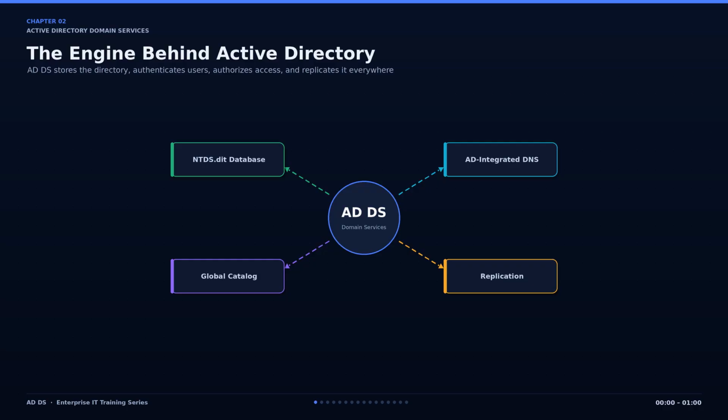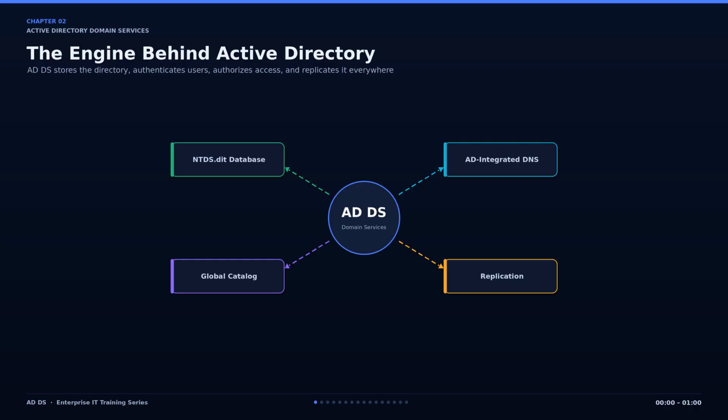When administrators talk about Active Directory, they're usually referring to AD Domain Services. This Windows Server role is responsible for storing directory information, authenticating users, authorizing access to resources, and replicating information across domain controllers.